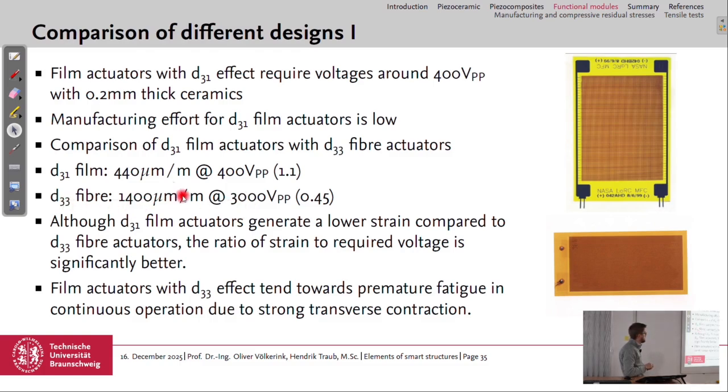So these fiber actuators are able to elongate more, but we need a higher voltage. Here we need 2 volts per micrometer, and there we need nearly 1 volt per micrometer to elongate them. So the ratio of strain to required voltage is better for the D31 film actuator.